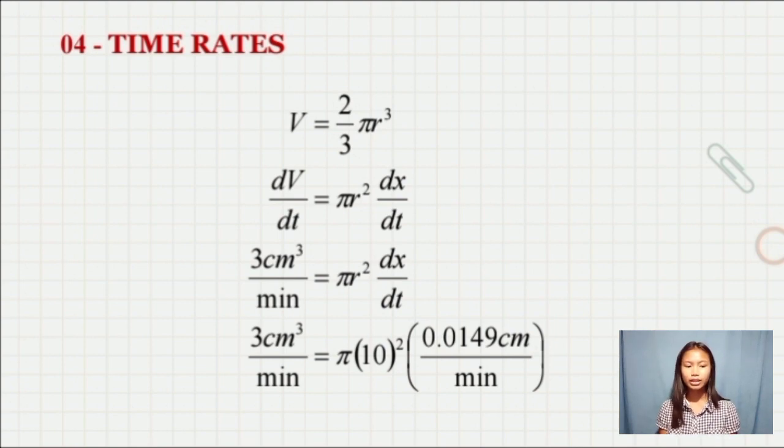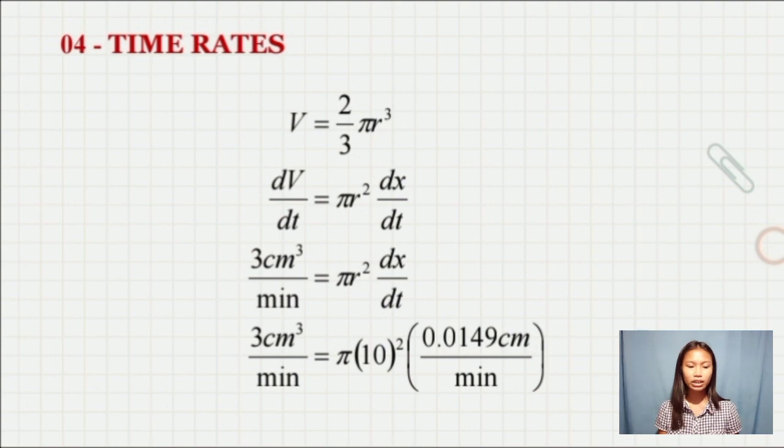Finding the derivative of the volume, dv over dt equals pi r squared multiplied by the derivative dx over dt. Substituting the dv over dt, which is 3 cm cubed per minute, equals pi r squared dx over dt.